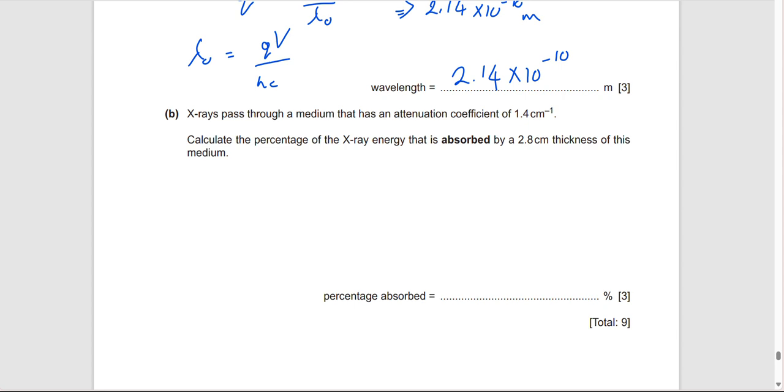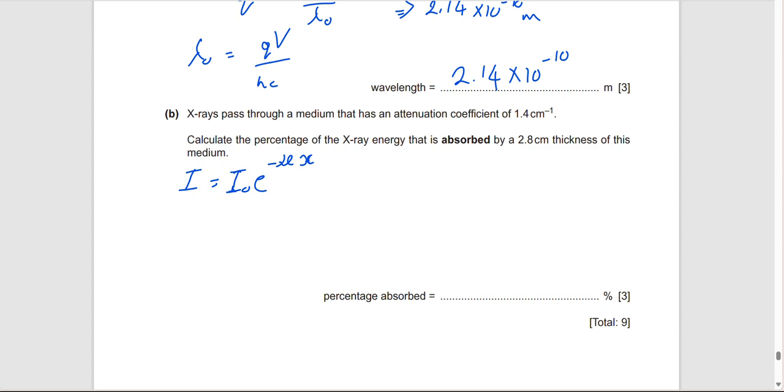So, the equation for attenuation is I equals I naught e to the negative mu x. I'm not sure if this one is given in the booklet, but usually it's nice for you to know your equations by heart, because when you know equations by heart, it's just easier to answer.